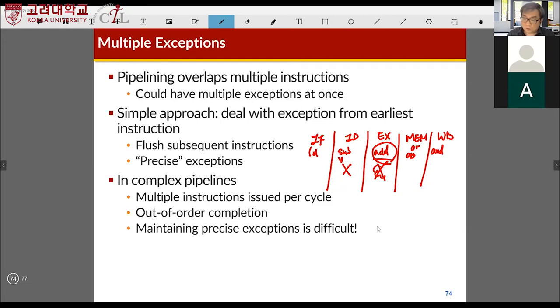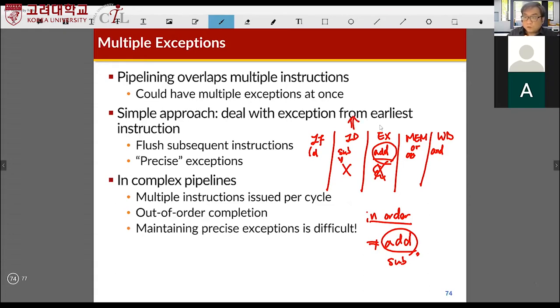So in order, 순서대로. Because ADD is the former instruction of the SUB, the processor needs to handle this ADD instruction with higher priority because it is the former instruction.